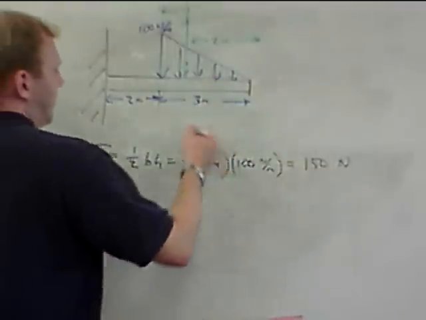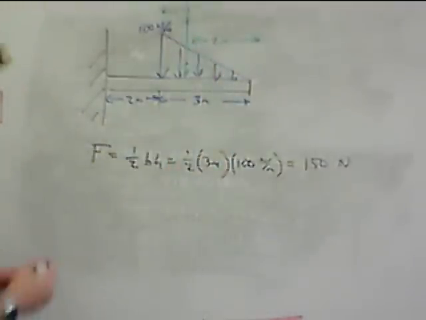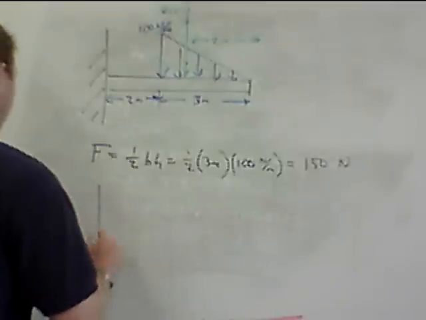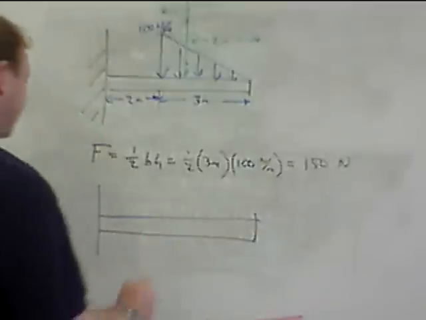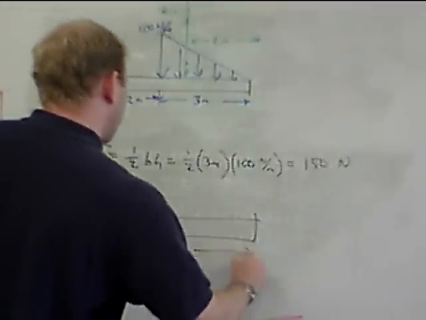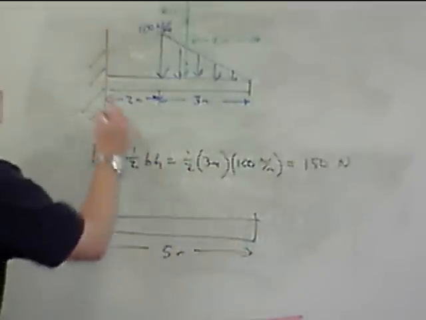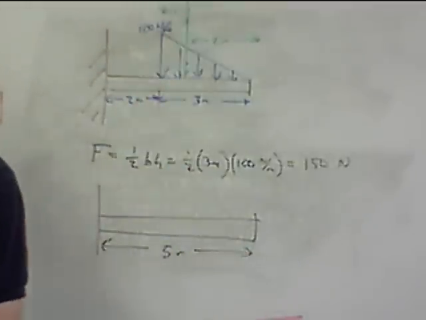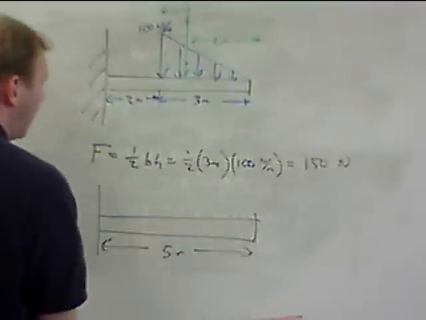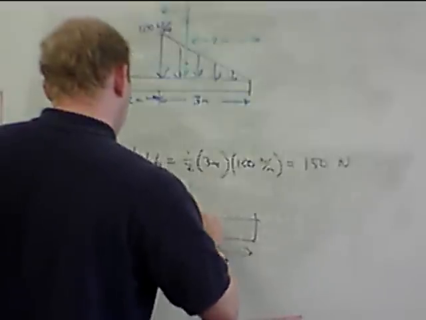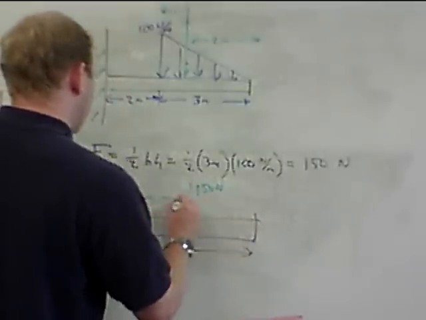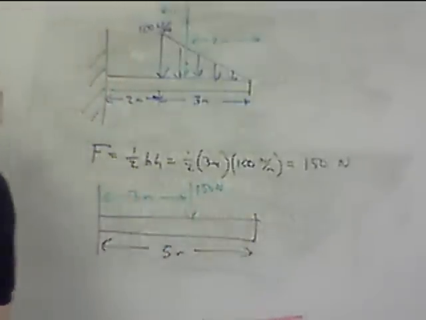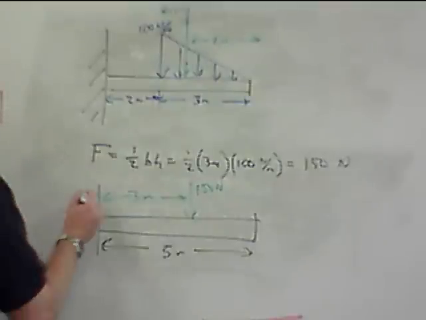Okay, so we can replace this distributed load, and I can actually redraw my diagram, which is usually the ultimate step in one of these. So I've got my beam, it's 5 meters long, and at a distance of 3 meters from the edge here, I have a 150 Newton force. That's 3 meters from the left edge.